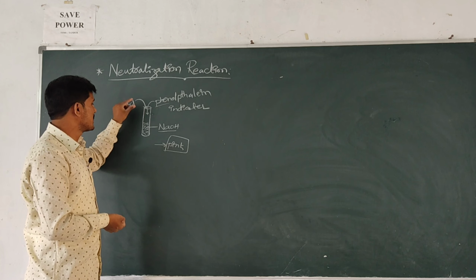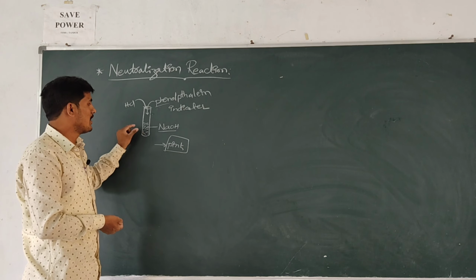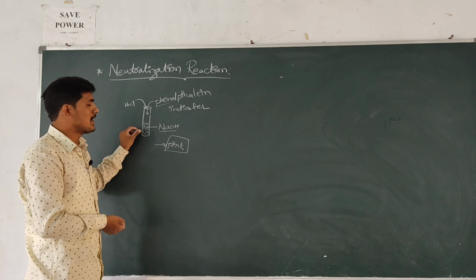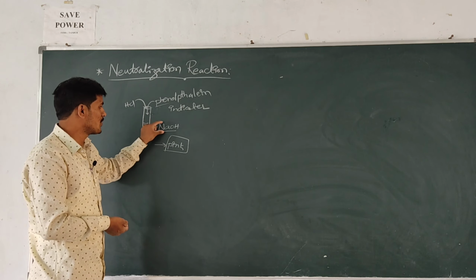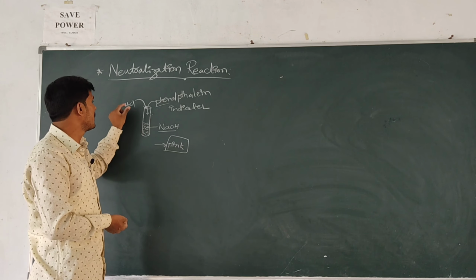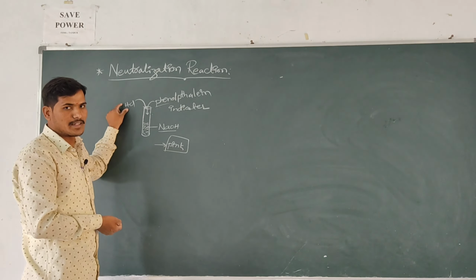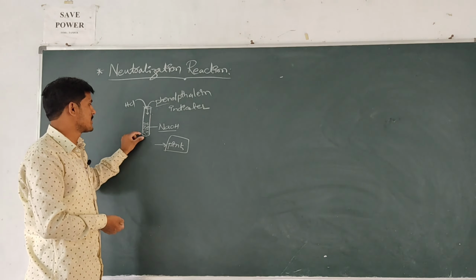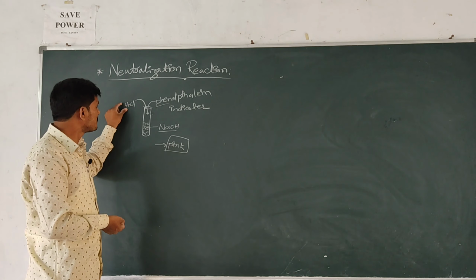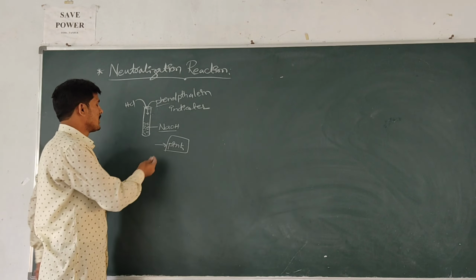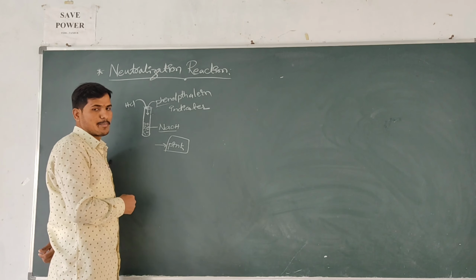When acid is added to the base, the basic nature of sodium hydroxide is nullified by the HCl acid, so the color disappears.